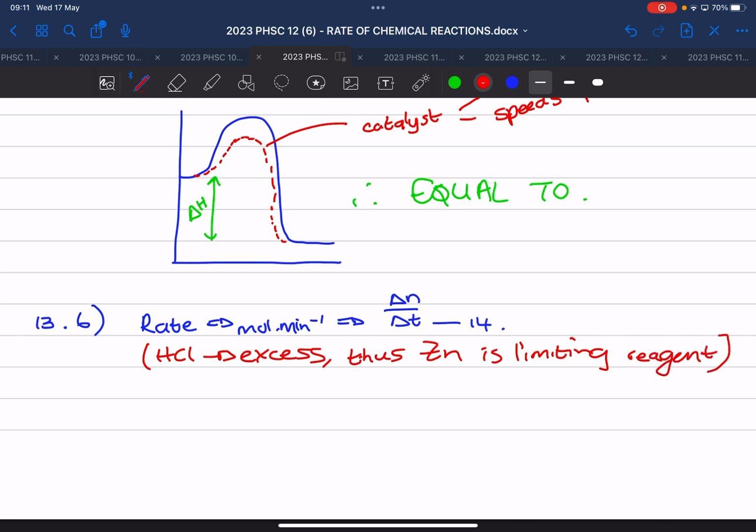Okay. So they say we must do it in respect to zinc for experiment 2, and they say 1.5 grams of zinc is used. They say the mass there is 1.5 grams. We don't want mass, we want moles. So we first have to convert the mass into moles. The mass is 1.5. What is the molar mass for zinc? 65? 65.